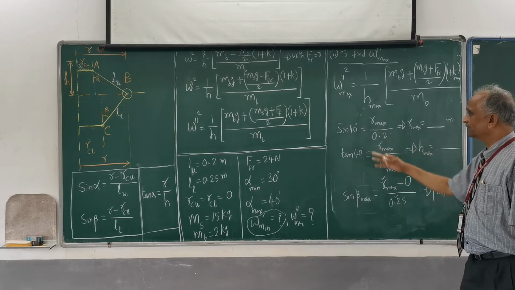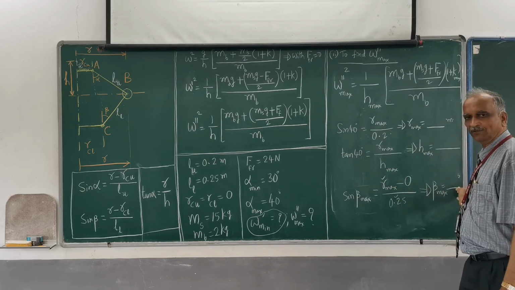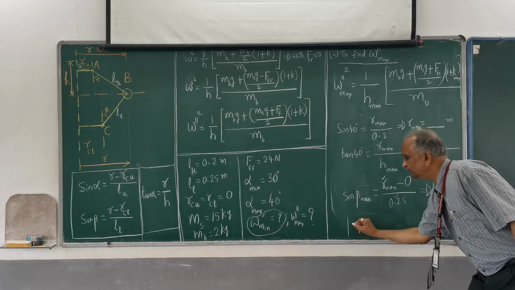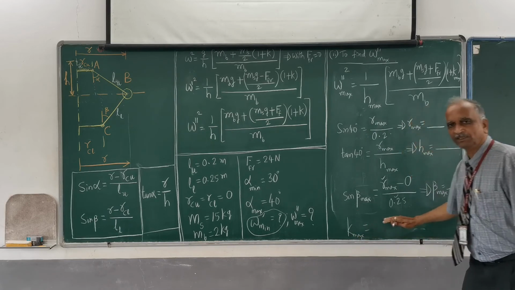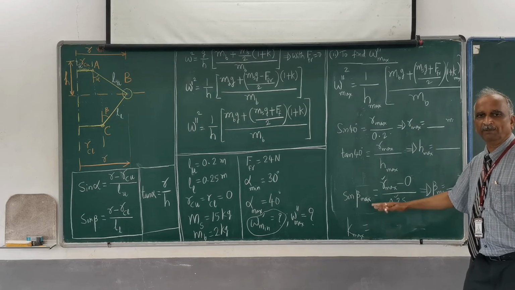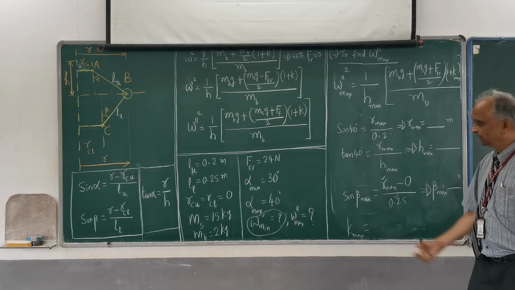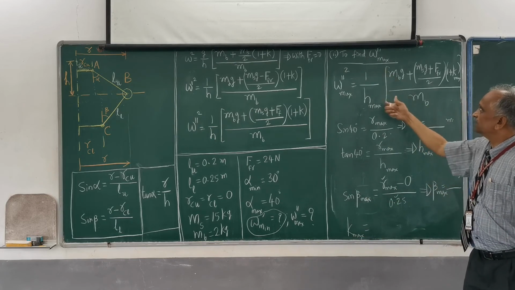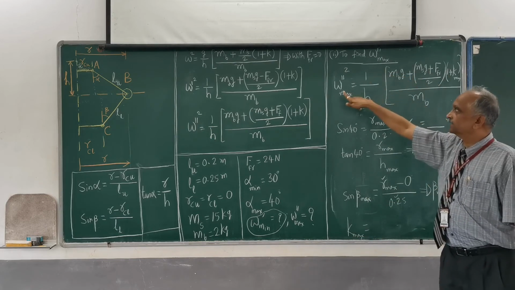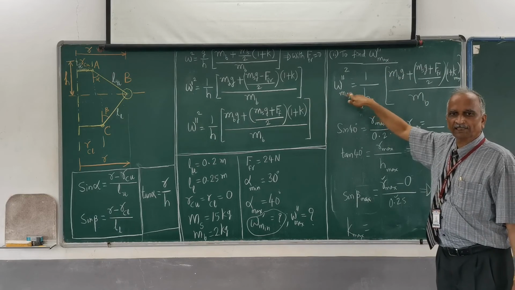You know alpha max, 40 degrees, and beta max, so you can easily calculate K max, that is tan beta max divided by tan alpha max. You know K max and H max, substitute here, and that is how you can find out omega max double dash.